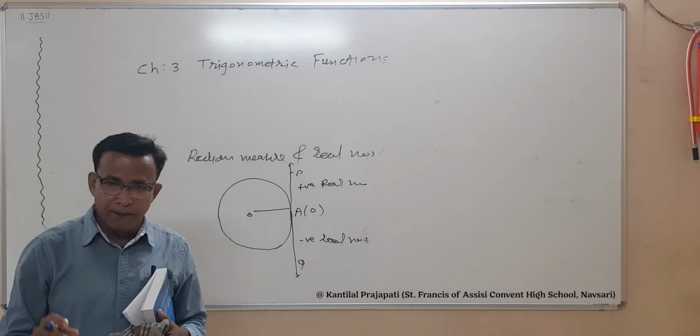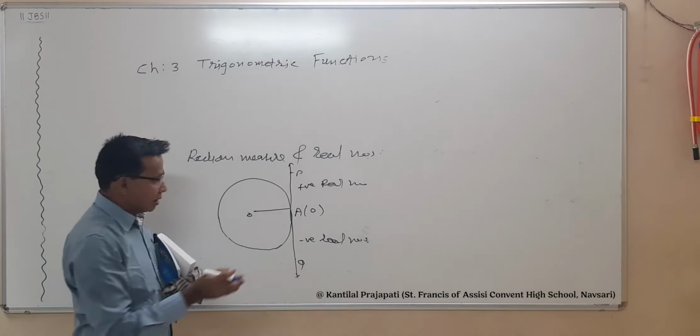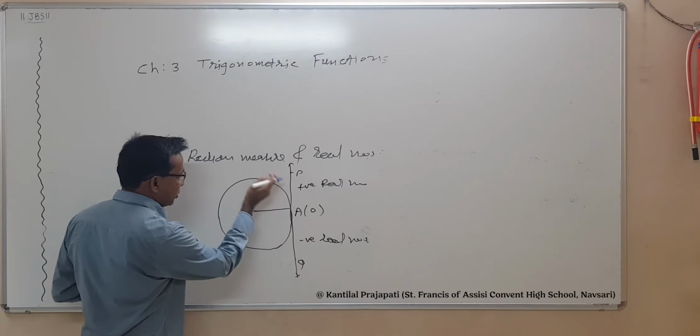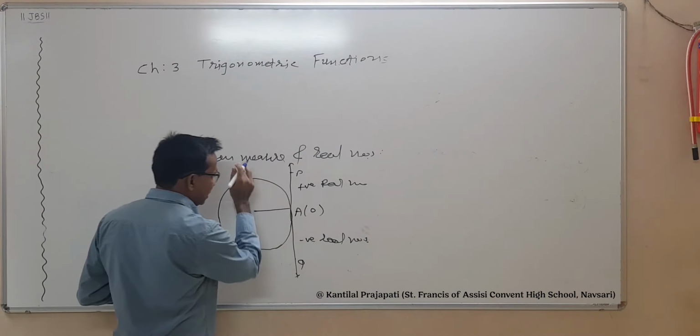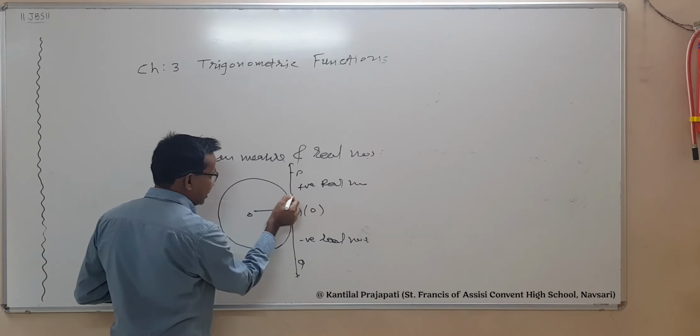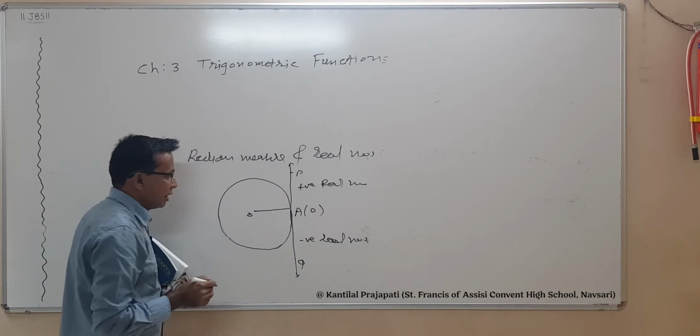Now, if the positive ray AP rotates on the circle, we get each real number indicated with the radian.